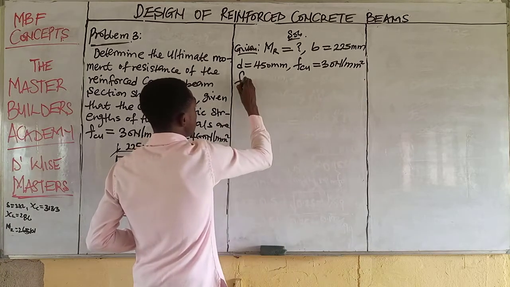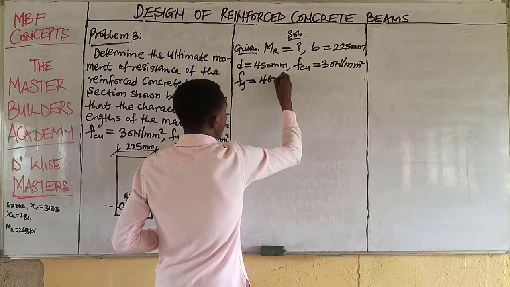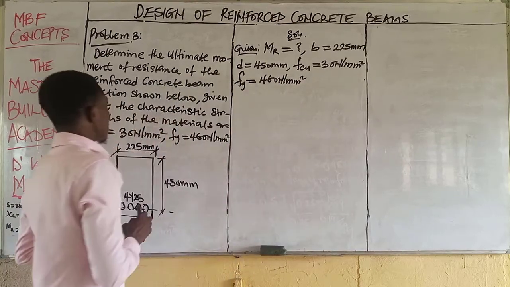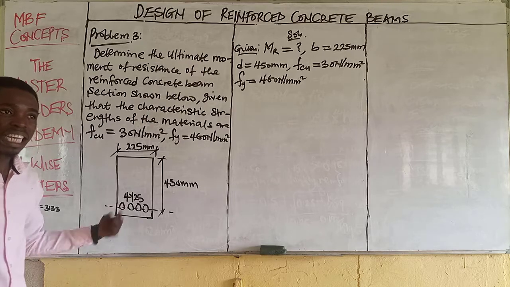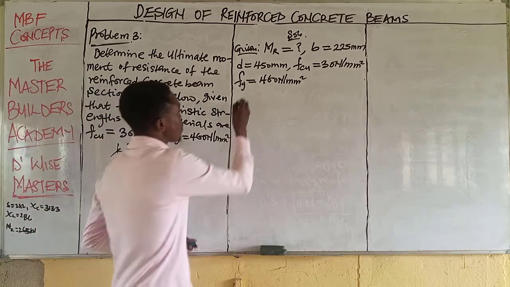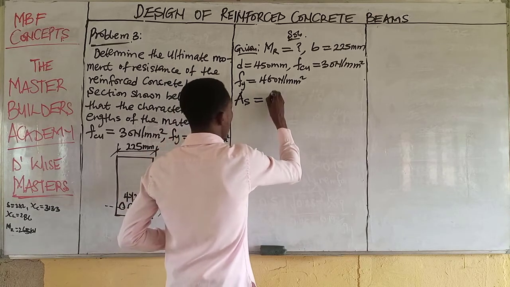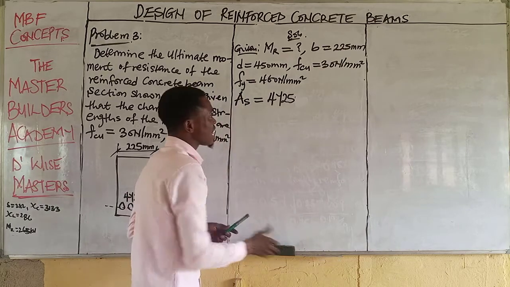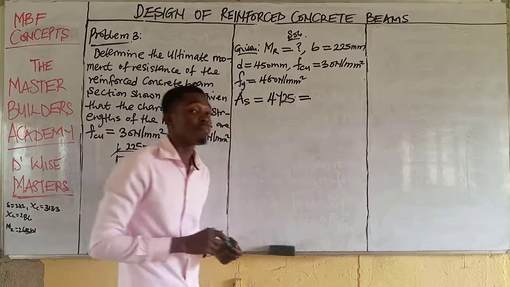The strength of steel is given as 460 Newton per millimeter squared. Then finally, what else are we given? We are given the area of reinforcement. So the area of reinforcement, As, is equal to 4 Y 25. This is the reinforcement that we have, and this is equivalent to the area of this steel.